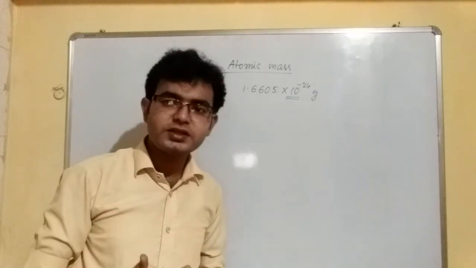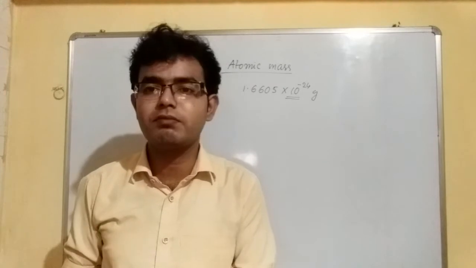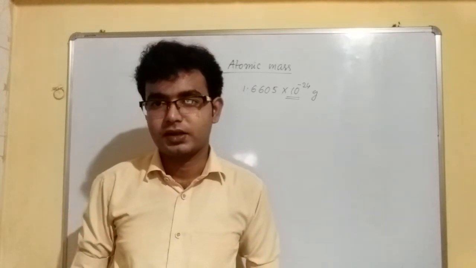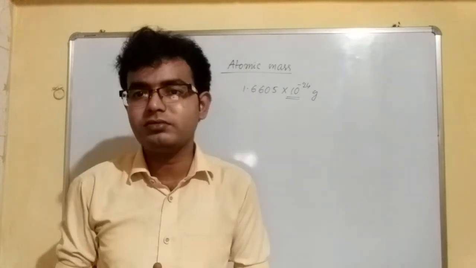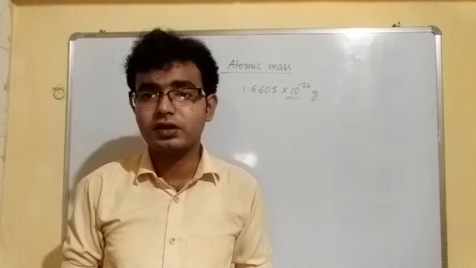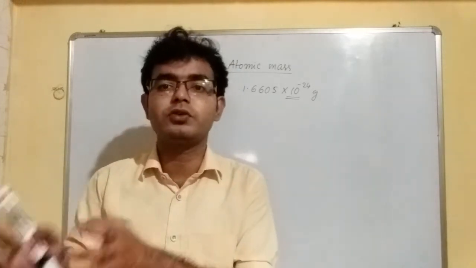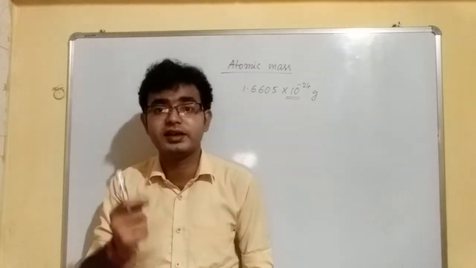So to express the mass of one atom, we express the mass of an atom in the form of its relative mass. Here the mass of an atom is expressed in the form of its relative mass, meaning with respect to the mass of any other atom. We know that word, relative.